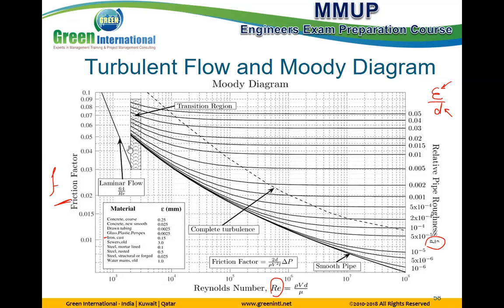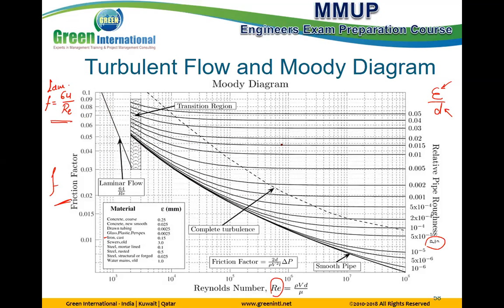For laminar flow, F equals 64 divided by the Reynolds number, according to this line. You can get it from this line or directly from this equation. But turbulent is curved like this.